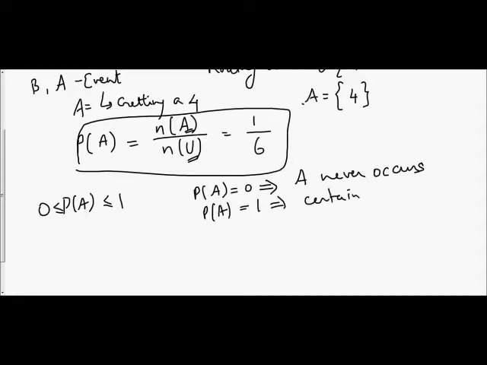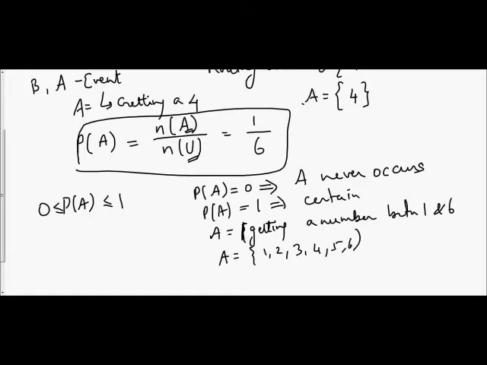Yeah, 100% sure. That is, say for example, in the same question of rolling a die, if you define the event A as getting a number between 1 and 6. Okay, so this A would be all the numbers 1, 2, 3, 4, 5, 6, and n of A would be 6, and n of U, as we have done, is 6.